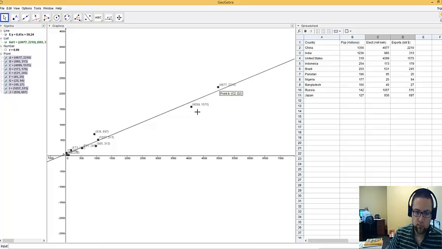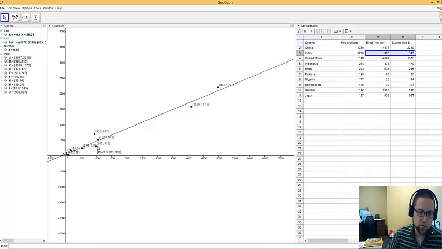And let's see. So what else? What about this one? The 985. So it looks like India is not very efficient. So that's the one that's probably the furthest off of the line on the downside. So they're not very efficient with electricity as other countries.